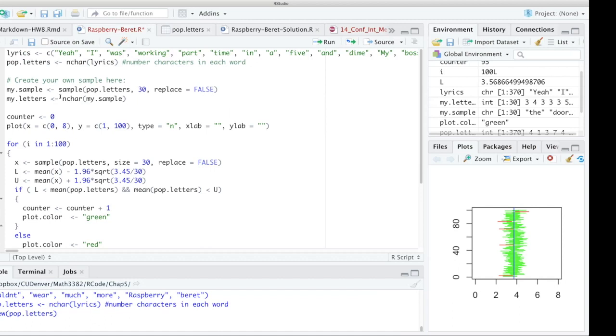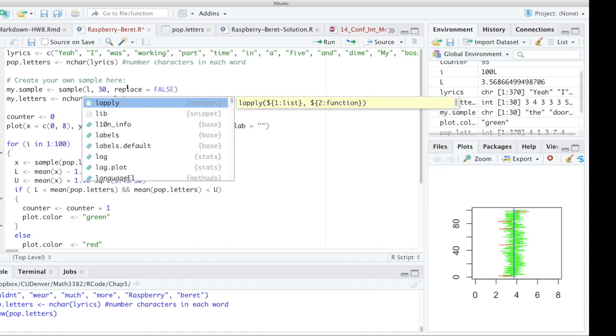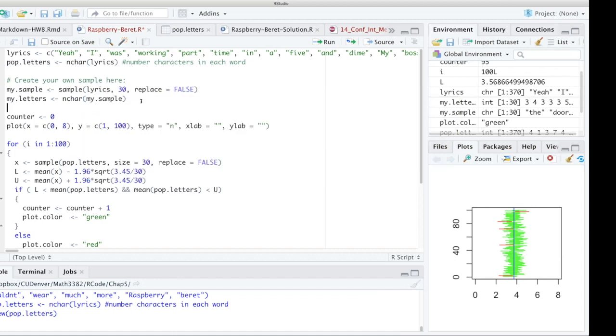The way that I'm doing it over here is, first I said, let's pick a sample, and then let's calculate the number of characters. I could have done this in one step, but this way is nice because we can view my sample and see which words from the song were picked. And then the next line is going to calculate how many letters were in each of those 30 words.